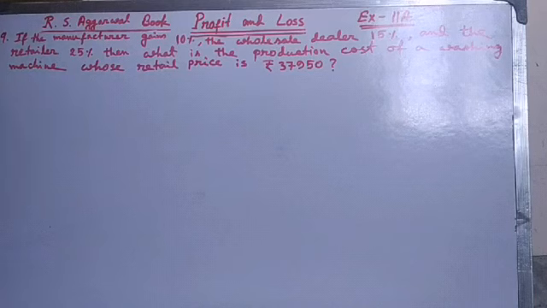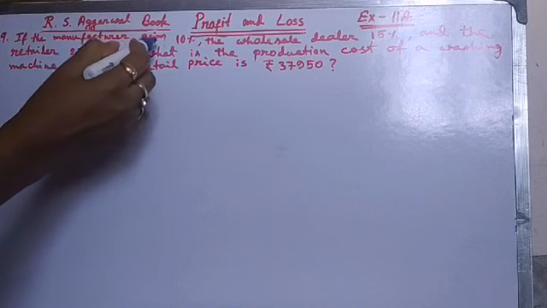Now question number 19. If the manufacturer gains 10%, the wholesale dealer 15% and the retailer 25%, then what is the production cost of a washing machine whose retail price is 37,950?